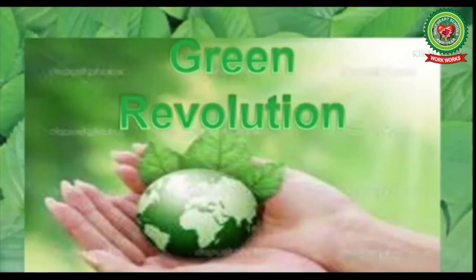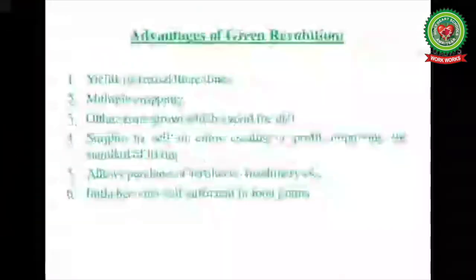Students, in 1966, about 15,000 tons of these high yielding varieties of seeds were imported for cultivating about 4 lakh hectares of land. As a result of this, India not only became self sufficient in food production but also exported some food grains for the first time in 1977.